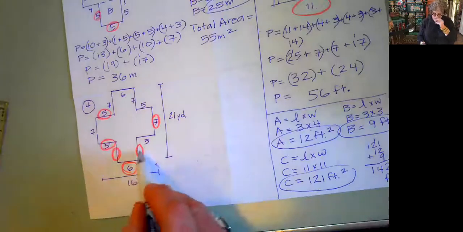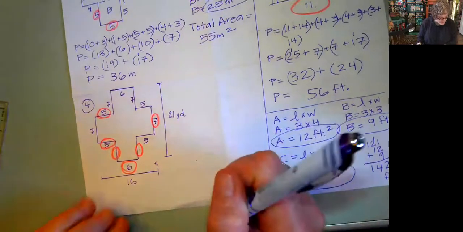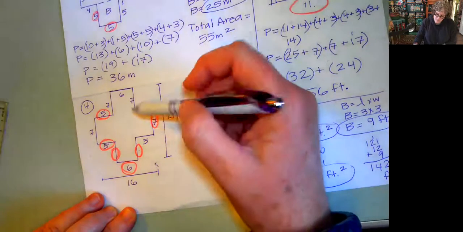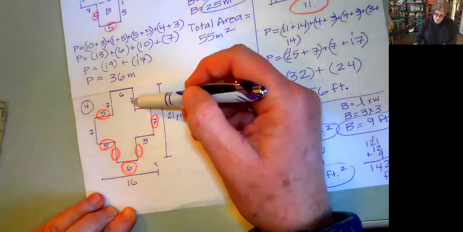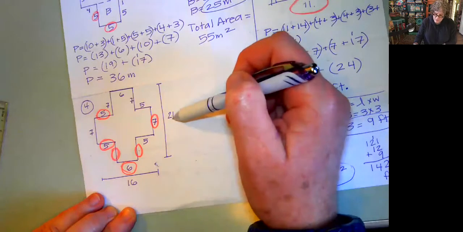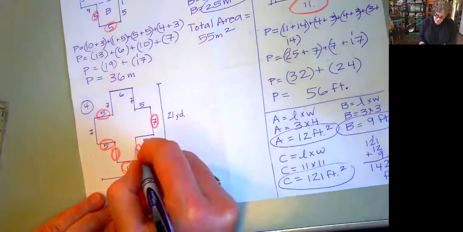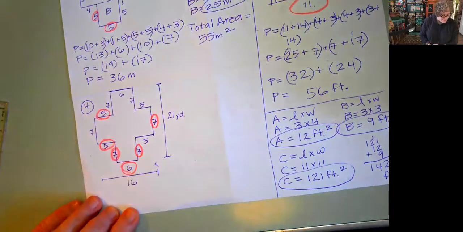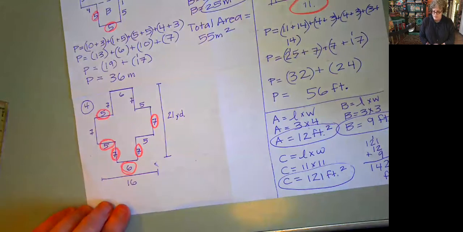Now I just need these two. Let's see. If I know this is 21 and this is 7 and this is 7, 21 divided by 3 is 7. So this guy's got to be 7. And this one across has to match because they're the same length. So that wasn't too bad.